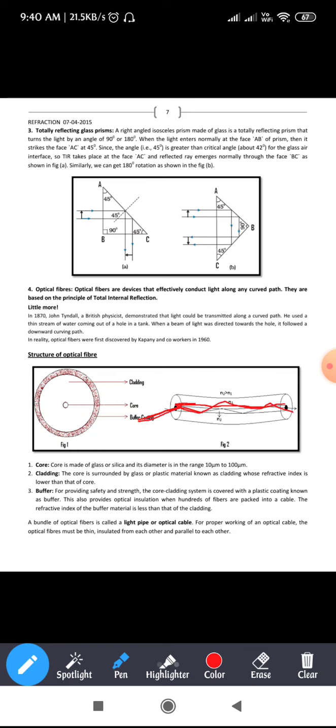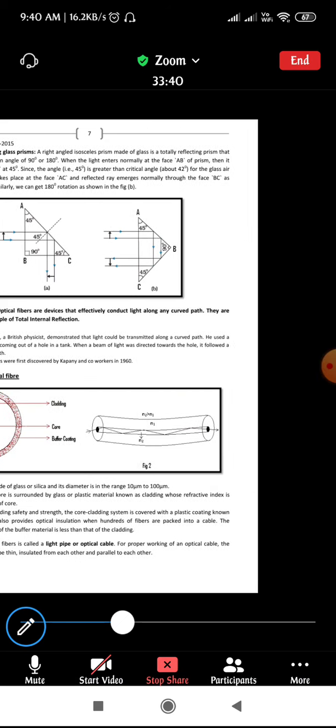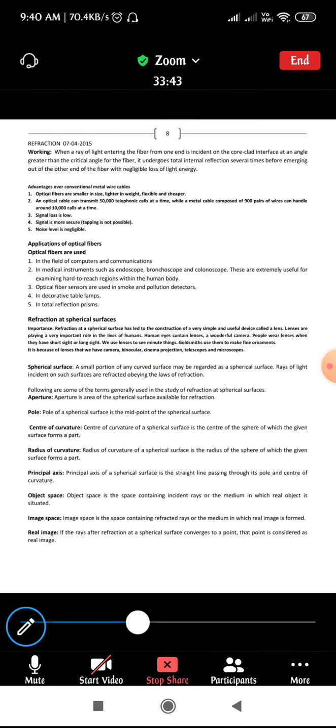The light strikes at an angle greater than the critical angle at the core-clad interface, so it undergoes total internal reflection again at this point. Again it strikes at an angle greater than the critical angle. So before coming out of the other end, the light ray undergoes multiple total internal reflections before emerging out. So this is the working of this optical fiber, and the energy loss in this optical fiber is negligible.